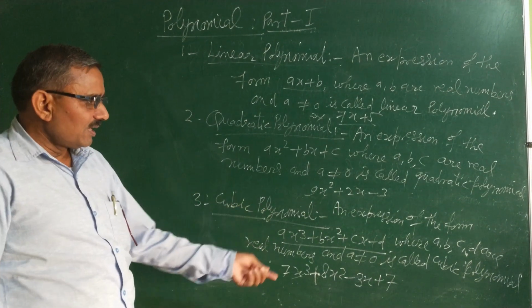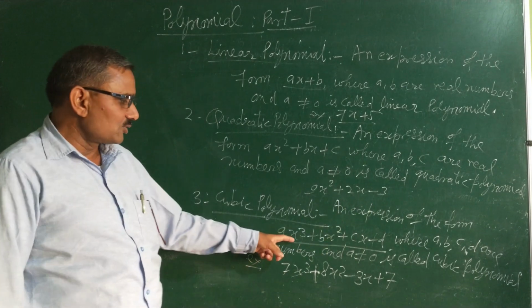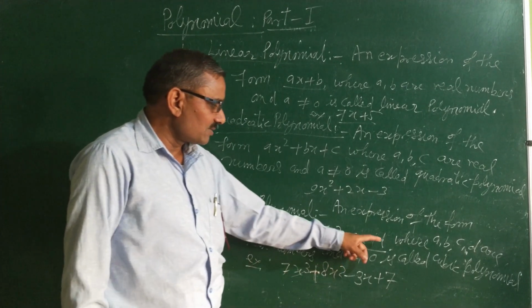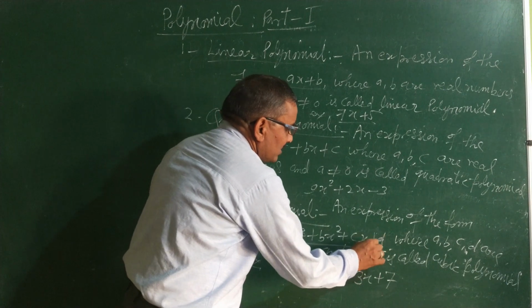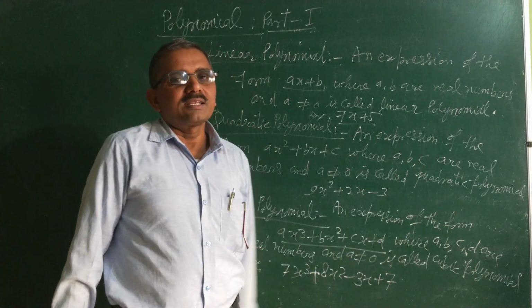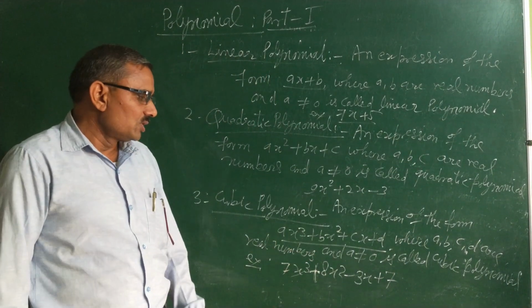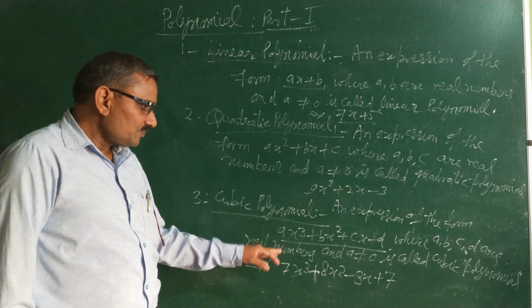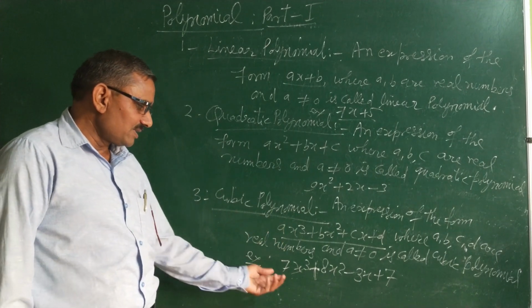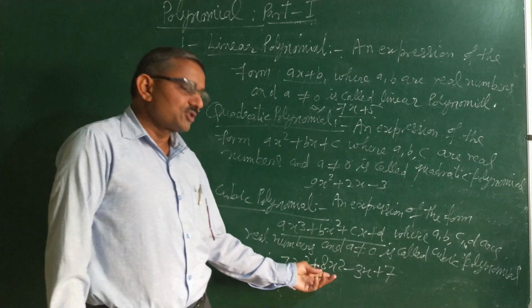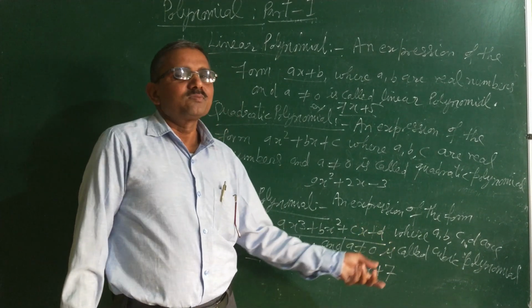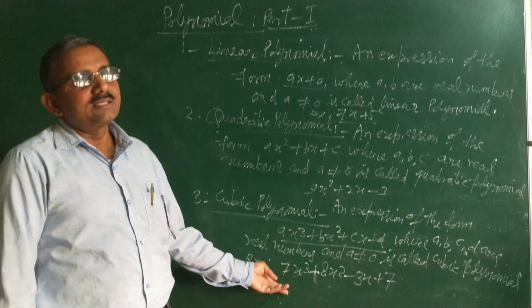Again, cubic polynomial is an expression of the form ax cube plus bx square plus cx plus d, where a, b, c, d are real numbers and a is not equal to 0. Example, 7x cube plus 8x square minus 3x plus 7. You can make another example like this.